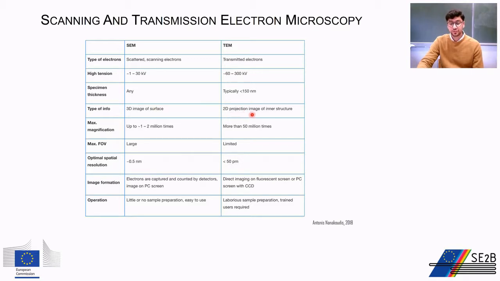In scanning electron microscope, you see the surface structure of your specimen or sample, whereas in transmission electron microscope you see the 2D projections. The magnification is higher in transmission electron microscope, whereas the field of view is larger in scanning electron microscope. The optimal resolution for sure is better in transmission electron microscope.